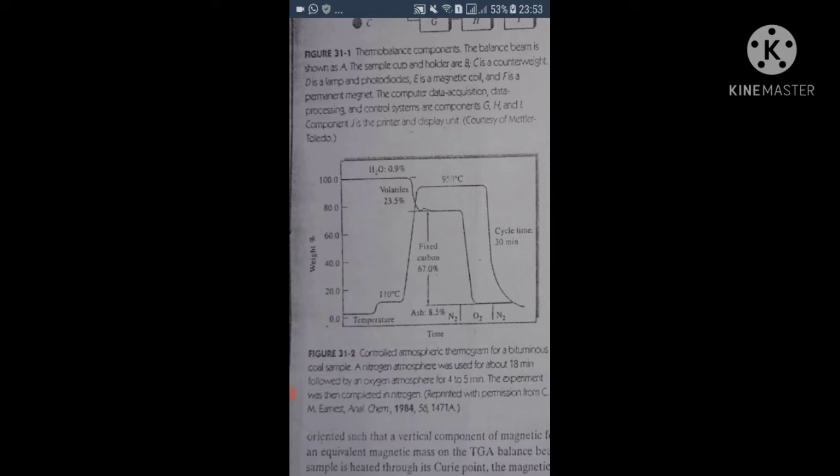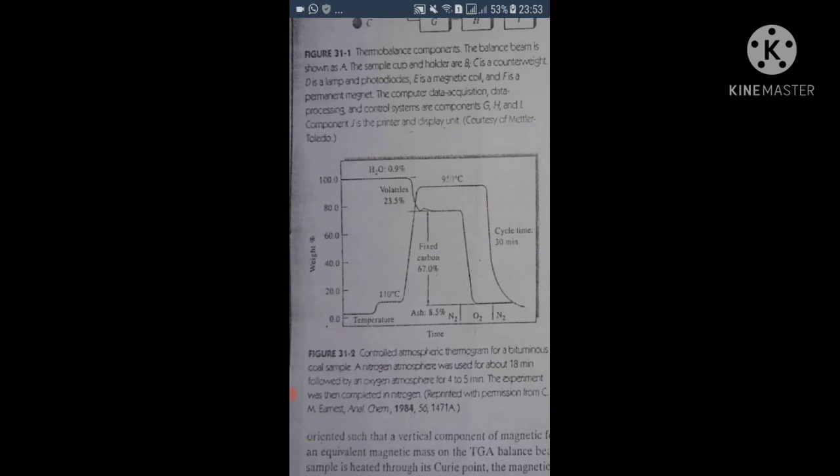So here is the graph. There is the weight percent of all these three with time, and temperature in K. Now we use the atmospheres. The nitrogen atmosphere is used for 18 minutes, and the oxygen atmosphere from 4 to 5 minutes.